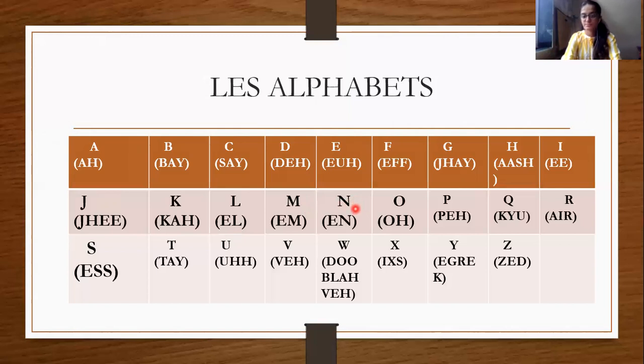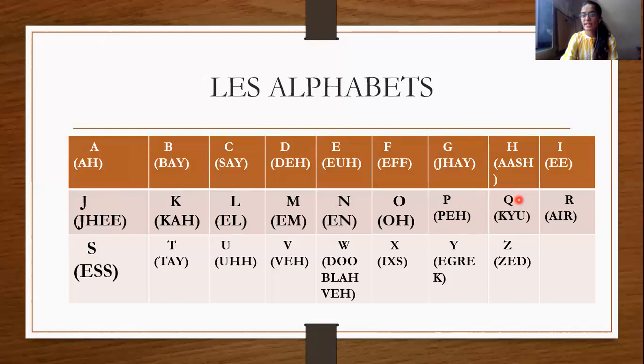Letter O is pronounced as O. The letter P is pronounced as pay, with a slight sound at the end. P as in pay.